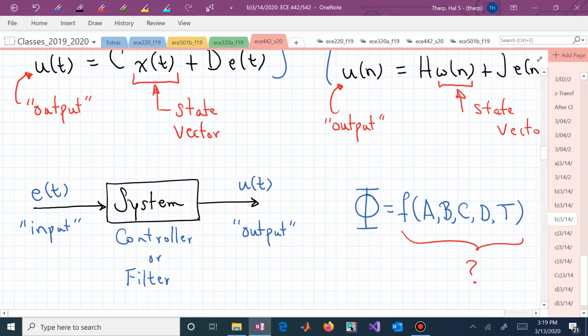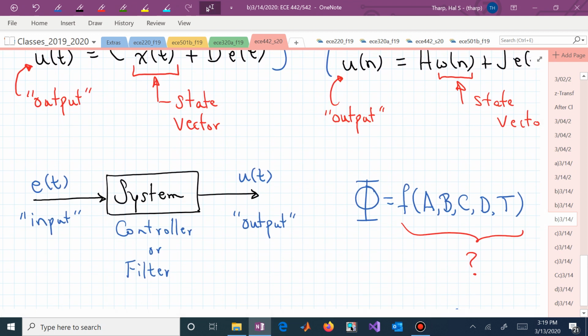Here's what we have then. For the analog setting, we have a system, which again could be a controller or a filter.